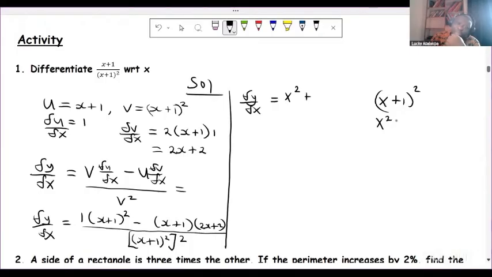Then multiply it by 2, you will get 2x. Then square the last, this 1. 1 squared is 1. That's what you will get here. You get x squared plus 2x plus 1.